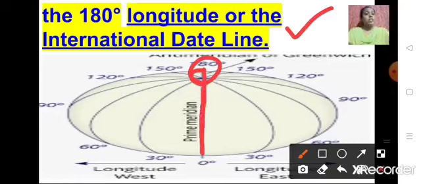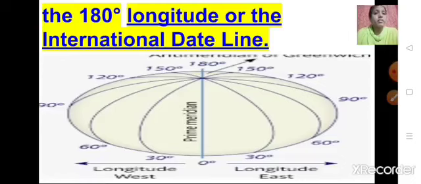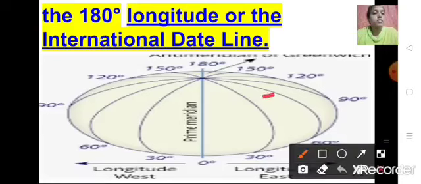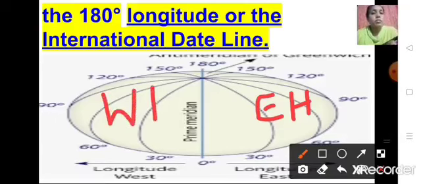This 0 degree longitude is called prime meridian or Greenwich meridian, and its opposite line is the 180 degree longitude or the international date line. And children, it divides the earth vertically into two hemispheres, that is eastern hemisphere and western hemisphere.